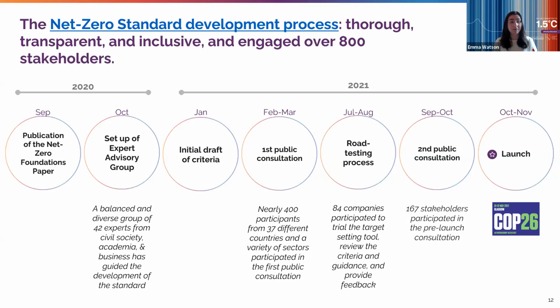This paper really spells out the key concepts for the work that we did on net zero. It's a very good read if you're interested in the theory behind net zero and the target setting approaches that companies could take. Following on from that, we then set up an expert advisory group. This was a balanced group with lots of different viewpoints, of 42 individuals from business, academia, and science.